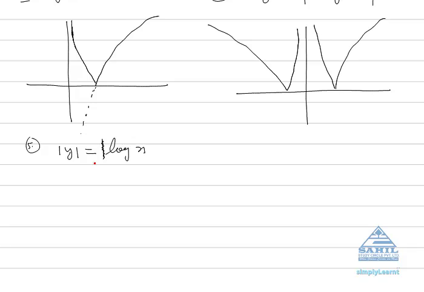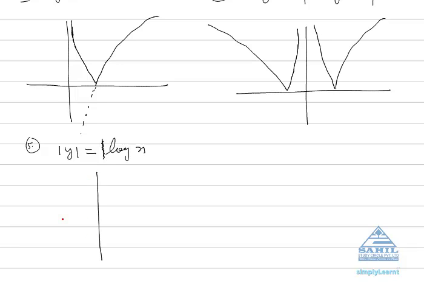Okay, see this. If you take mod on x, then you have to take the reflection of the curve with respect to the y-axis. If you're putting mod on the y, then you have to take the reflection of the function with respect to the x-axis. So you just transform this graph from the first graph.